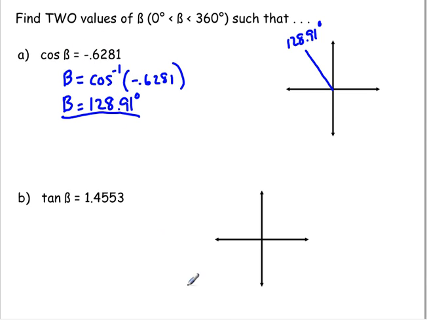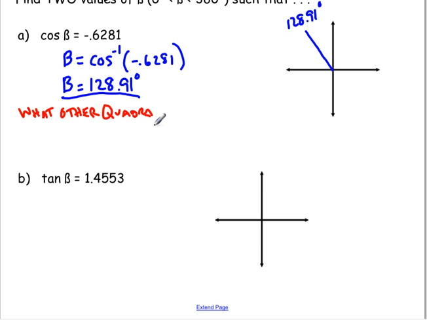What other quadrant would you get a negative value of cosine?